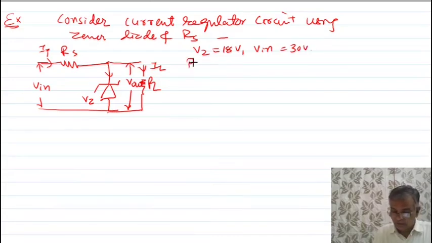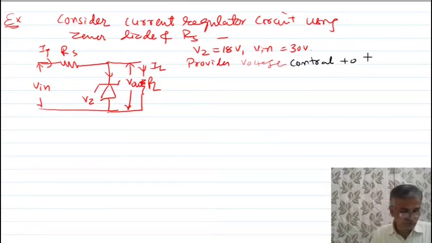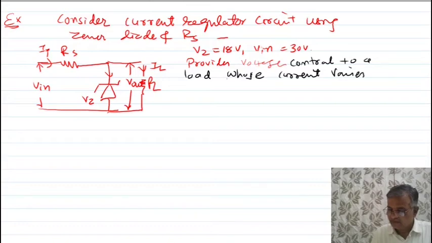Now this circuit provides voltage control to a load whose current varies from 0 to 2 milliampere.